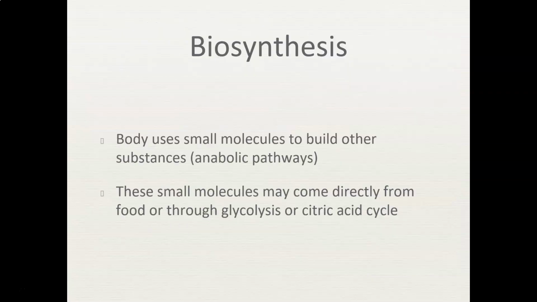Keep in mind, we're also breaking down molecules not only to make ATP, but also to then use those smaller components to go through anabolic pathways to build things. So although some of those things will definitely get used through glycolysis or the citric acid cycle, those molecules can feed back the other direction.